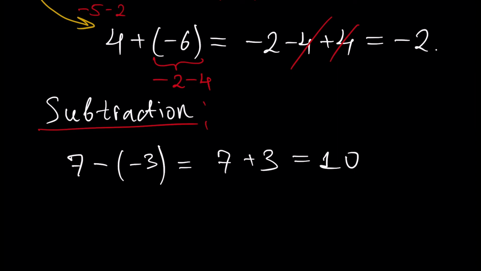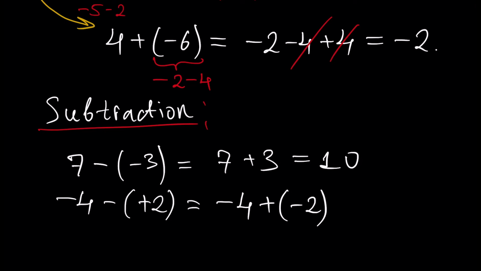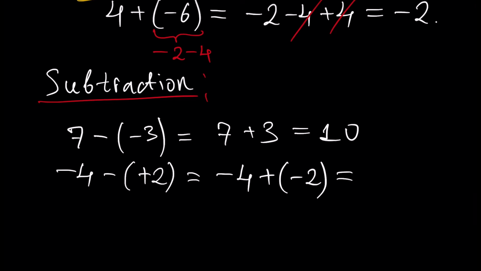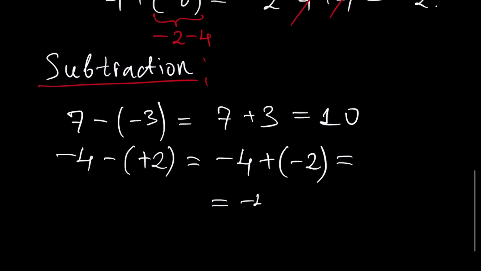And for example, minus 4 minus plus 2 can be written as minus 4 plus minus 2. And this example, as we did before, can be written as minus 4 minus 2, which is minus 6, using previous examples.